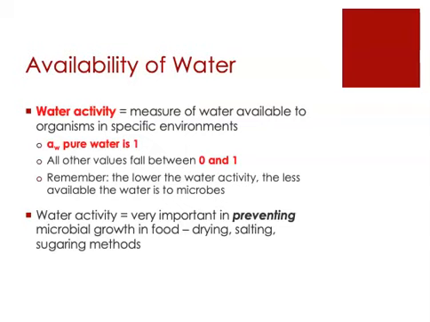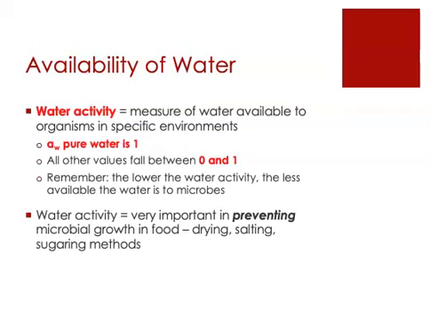Now, we shorthand water activity with a lowercase a and a subscript W. Pure water has a water activity of 1. All other water activity values fall between 0 and 1. And the lower the water activity, the less available the water is to microbes in that environment.